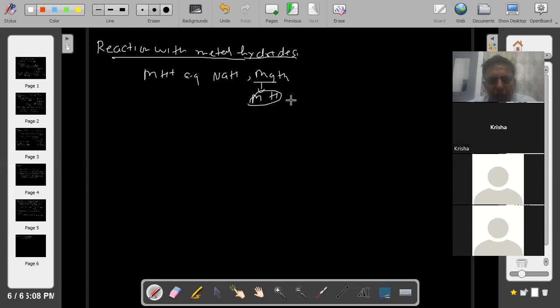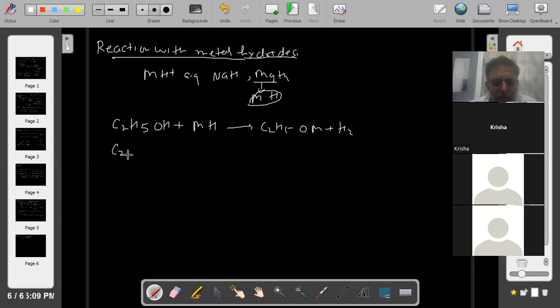Like C2H5OH, when it reacts with MH, that is a metal hydride, the same way you will get C2H5OM plus H2.